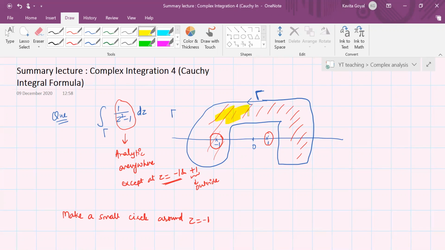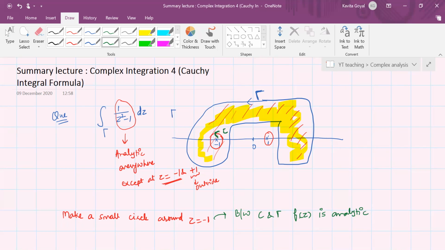Now in the region between gamma and this curve, let us call this curve C, which is also positively oriented, the function is analytic. Is that clear, Minal? Yes, ma'am. Between C and gamma, f(z) is analytic.